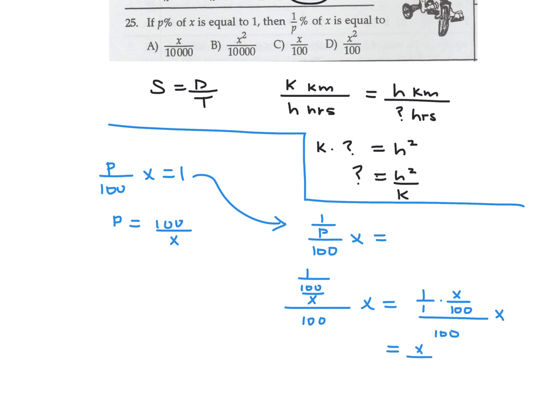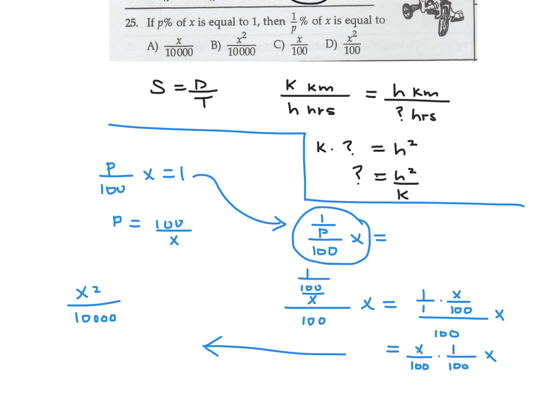So this is x over 100 times 1 over 100 x. And then therefore that would be x squared over 10,000. Okay, and then is that an answer choice? That is B, actually. So we got that.